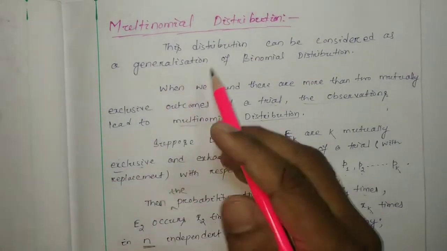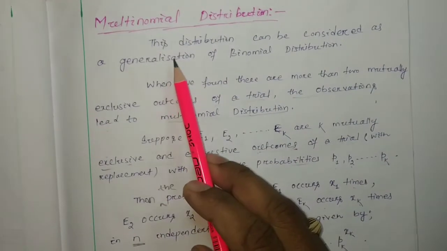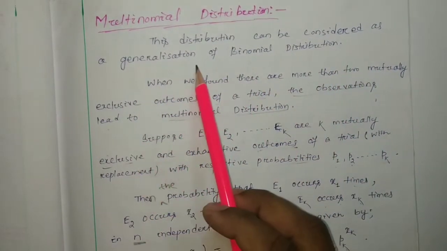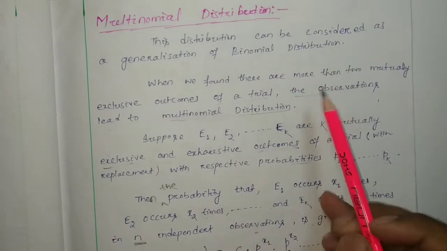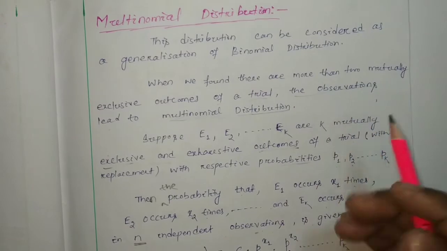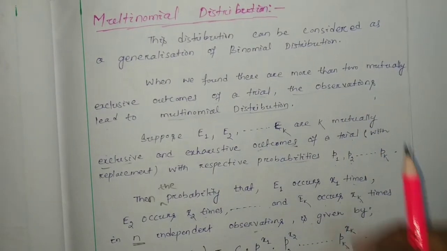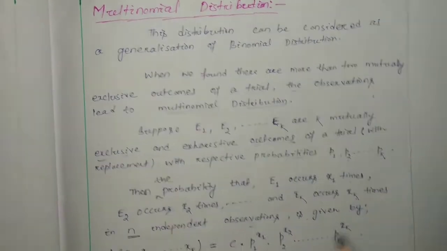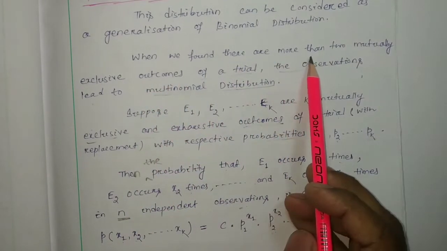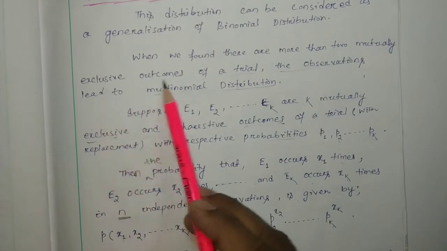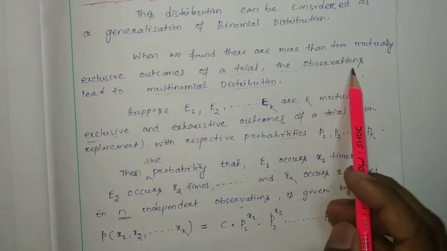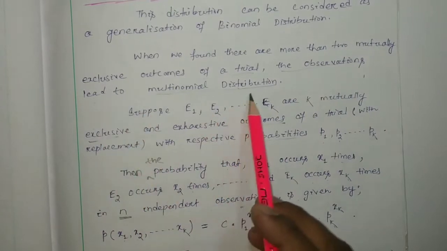Let's start. This distribution can be considered a generalization of the binomial distribution. How, we will understand automatically by the end of our discussion. When there are more than two mutually exclusive outcomes of a trial, the observations lead to the multinomial distribution.